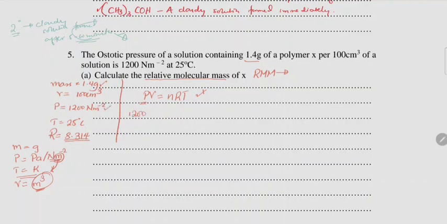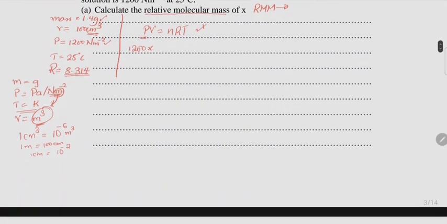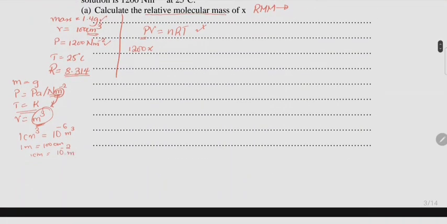Now pressure is 1200, pressure is okay. Volume is in centimeters cubed. We want to convert it to meters cubed. So 1 centimeter cubed equals 10 to power negative 6 meters cubed, right? Because 1 meter equals 100 centimeters, that means 1 centimeter equals 10 to power negative 2 meters.